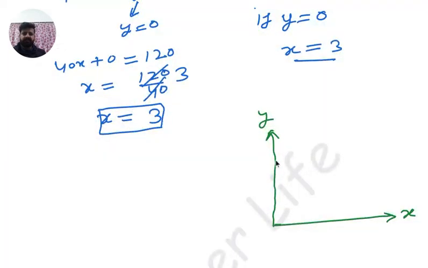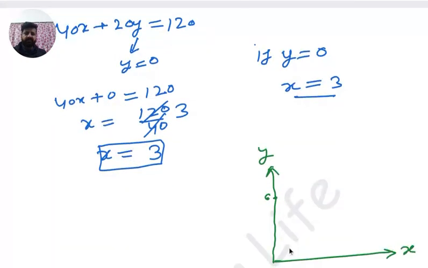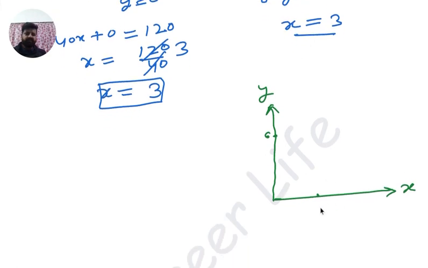So y was 6 here, and for y equals 0, x is 3. As you can see, this is 3, and I will draw the line. This is our line. This is a straight line.